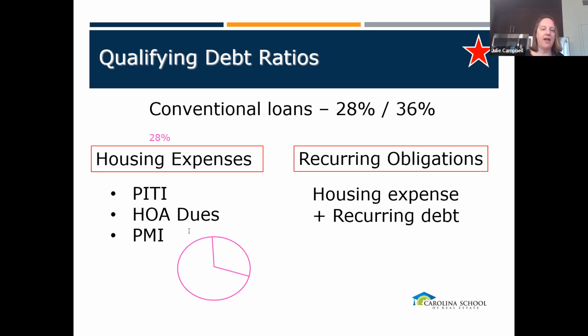And what the lenders say is that they can allow for 28% of your income to go towards housing expenses. So when they're trying to decide if they want to approve you, they're looking at your income, your projected PITI, HOA dues if applicable, PMI if applicable. If the three together are more than 28% of your monthly income, then you're not going to get the loan. You've gone out of the 28%.